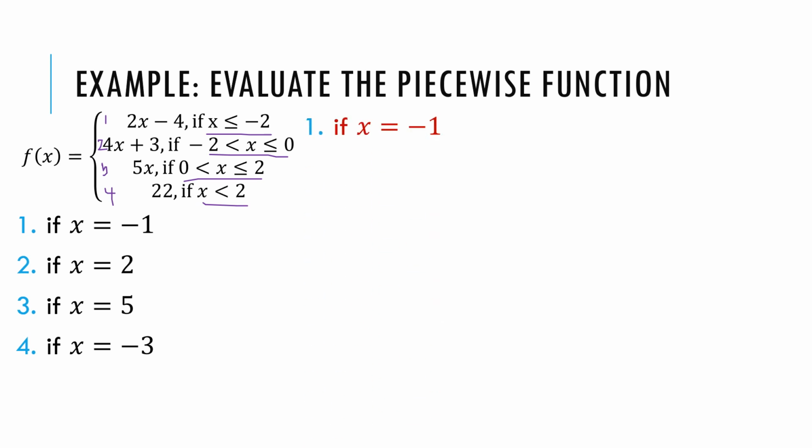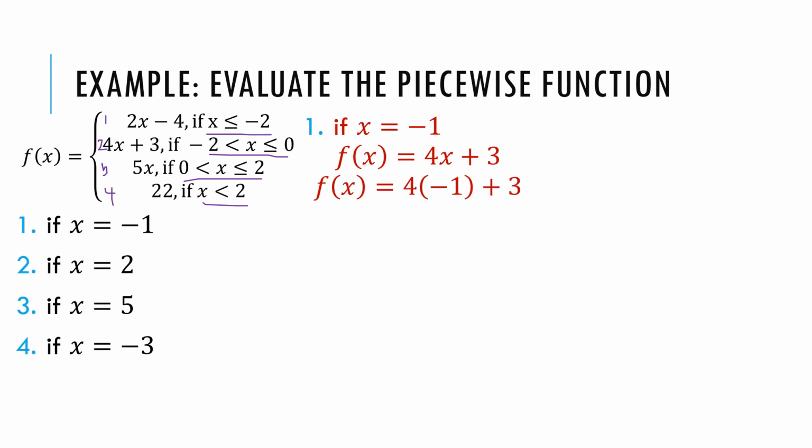So, if x is equal to negative 1, ang titignan lang natin na subfunction is yung second kasi ang negative 1 is between negative 2 and 0. So, yung second lang na subfunction ang titignan natin. So, what is the value of f of x? If x is equal to negative 1, ang gagawin lang, i-substitute natin yung negative 1 sa x, dyan sa 4x plus 3.